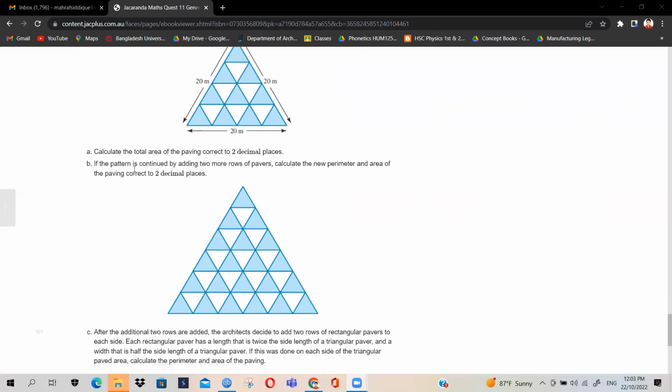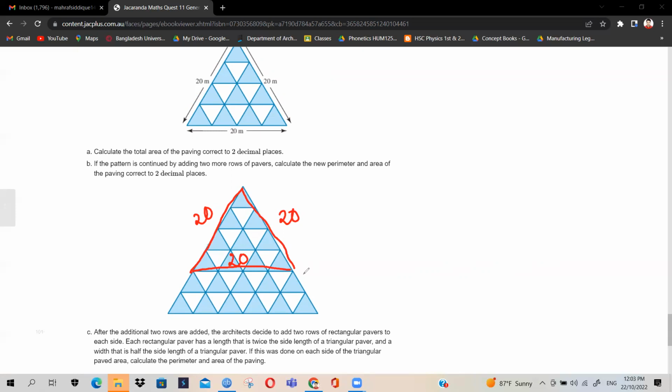So if the pattern is continued by adding two more rows of pavers, calculate the new perimeter and area of the paving. First of all, let us distinguish what was there previously. It was previously like this. This is 20, this is 20, this is 20.